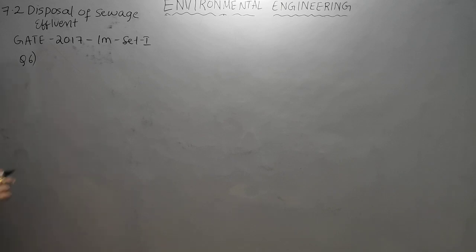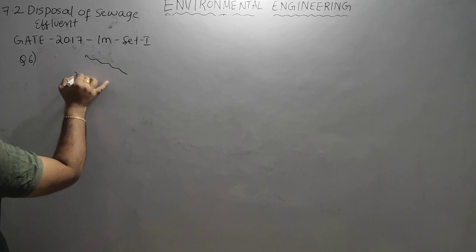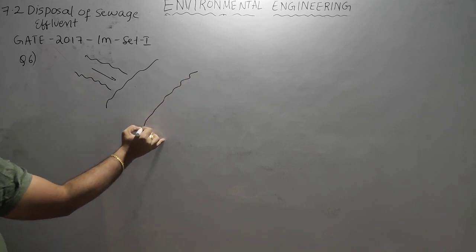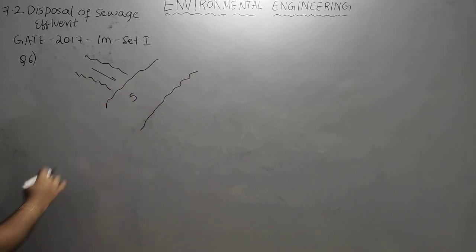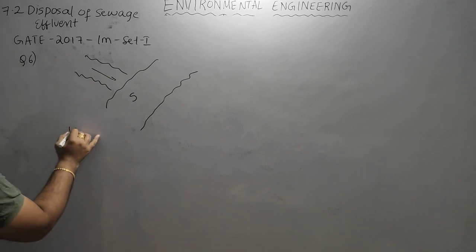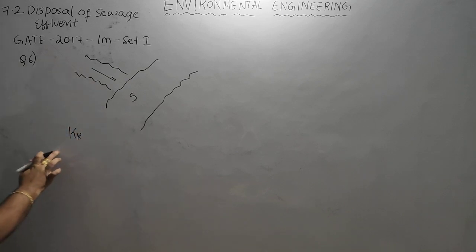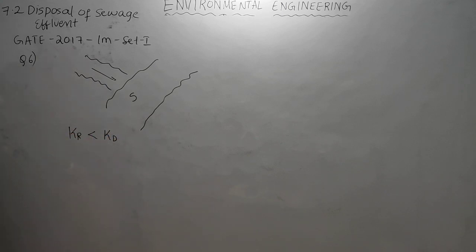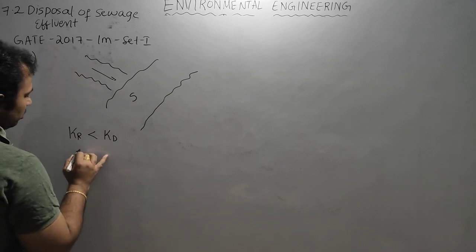We are sending wastewater steadily into a river at a point S. If the rate of aeration, that is Kr, is lower than the rate of degradation, and degradation of organic matter is nothing but depletion of oxygen, then what happens to DO?